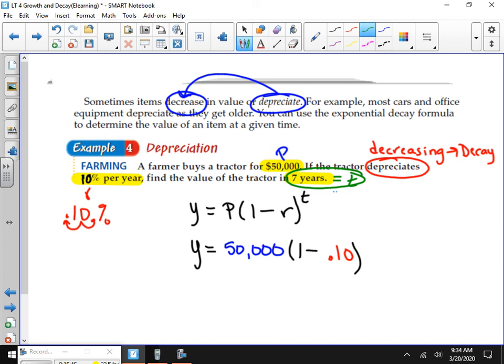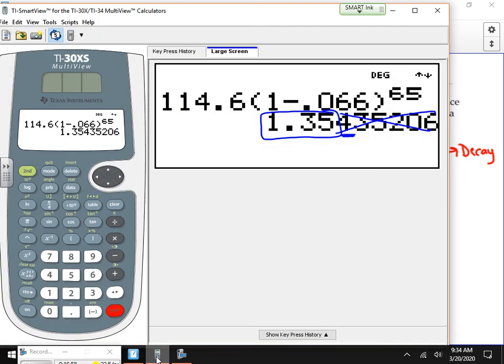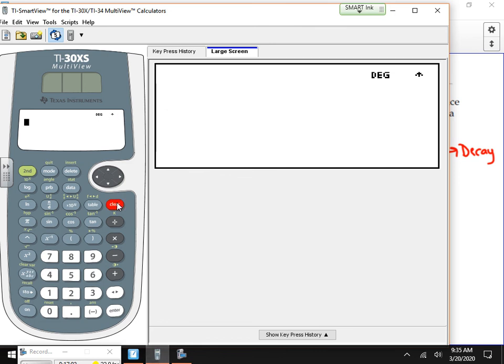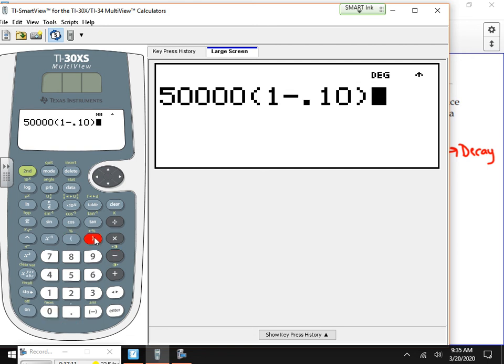So let me erase this out. All right, so 50,000 is my start times 1 minus 0.10, close. And then I raise it to 7 and enter. And now my tractor is only worth $23,914.85.